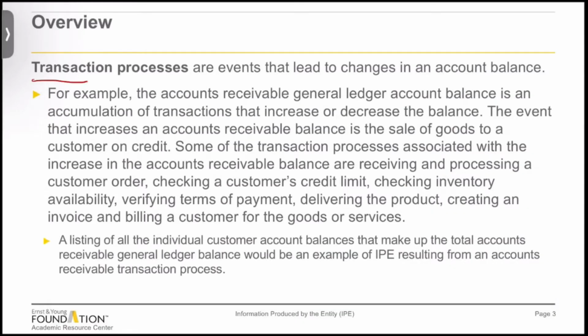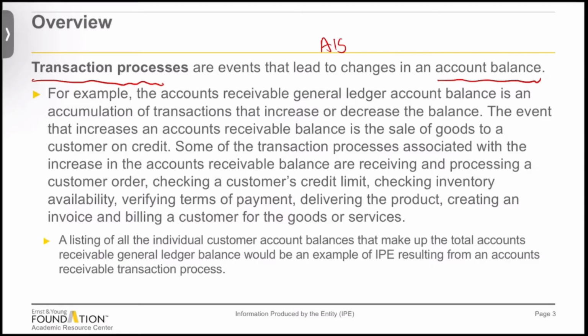To define, as we are focusing on transaction processes, these are events that lead to changes in an account balance. As you might have discussed during your accounting information systems, those cycles pertain to transaction processes.